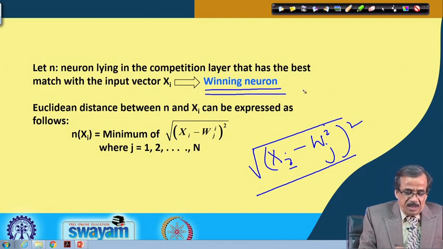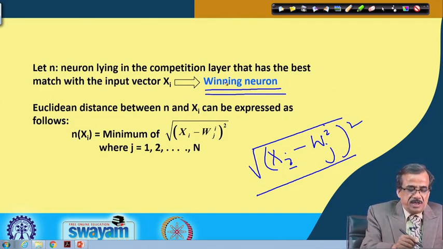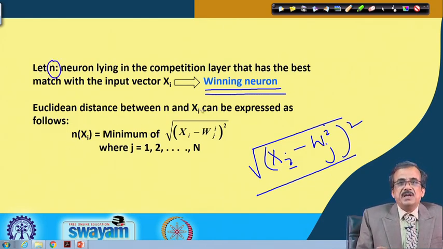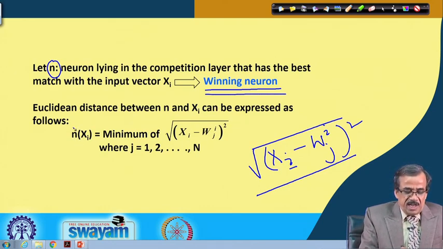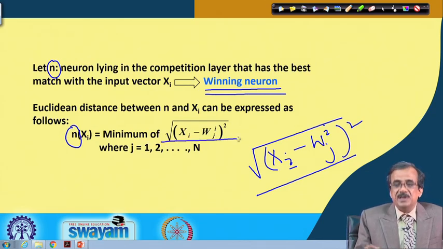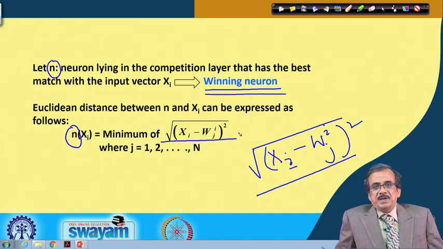Mathematically, the winning neuron is denoted by small n, and the Euclidean distance between n and xi is expressed like this. This n is considered the winner, that means it has the minimum of these Euclidean distance values. Now, let me repeat.